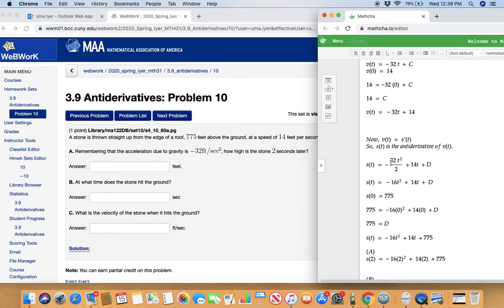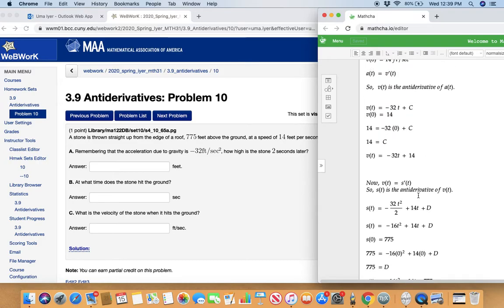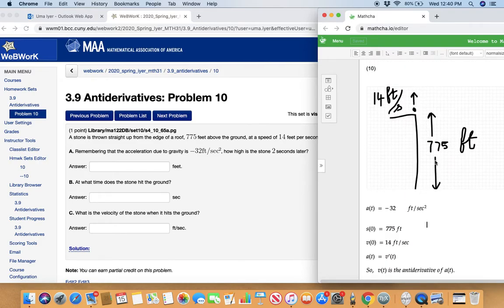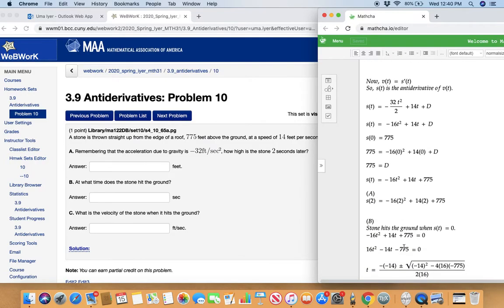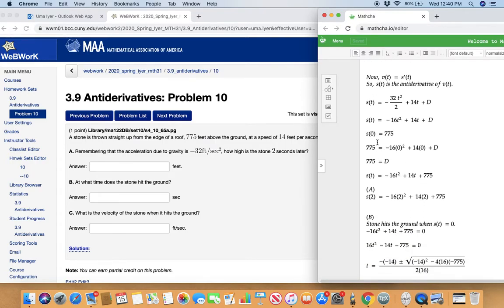Regardless, simplify, 2 goes in 32 16 times. S of t is negative 16t squared plus 14t plus d. Well, we know something. When time is 0, my height is 775. So when time is 0, position is 775. So plug that in.